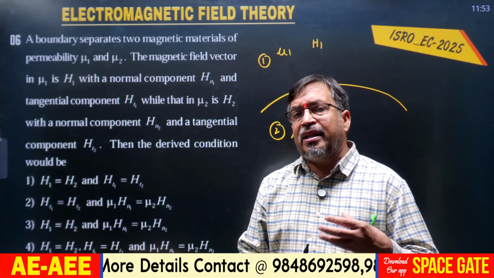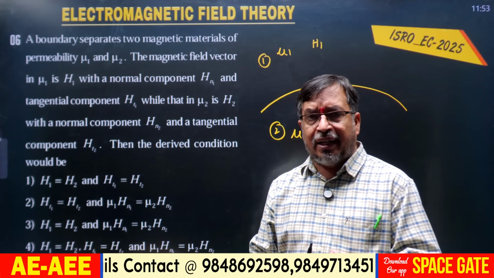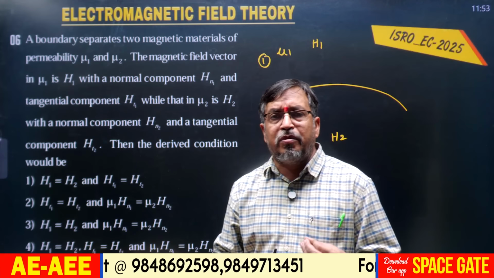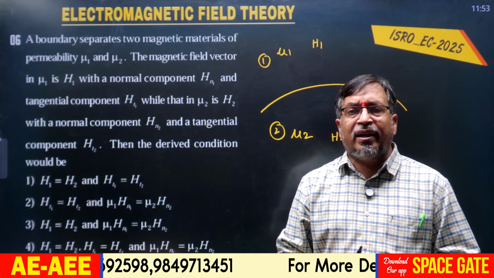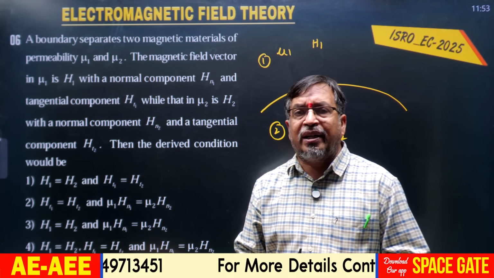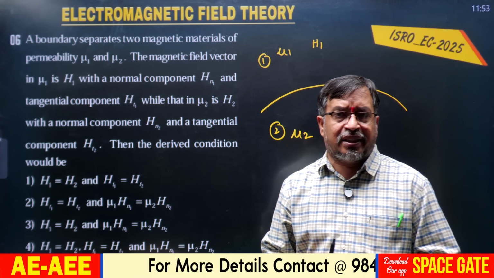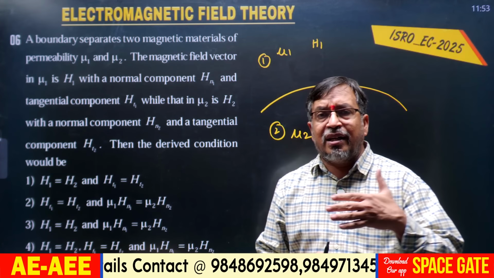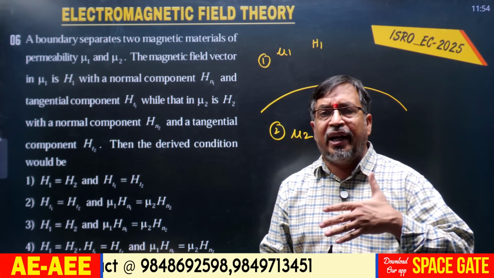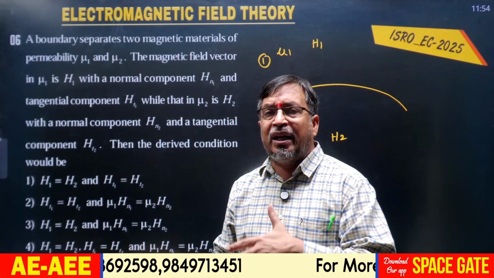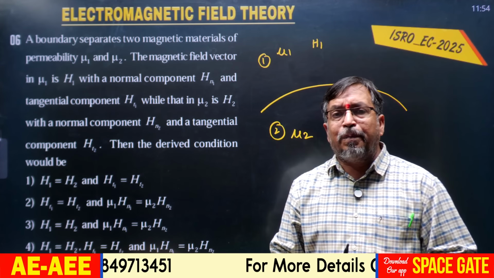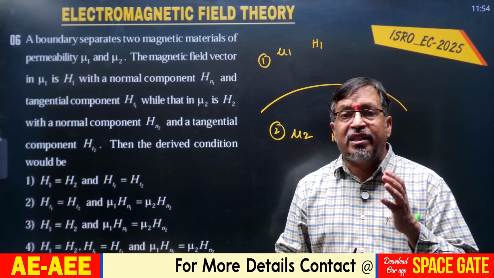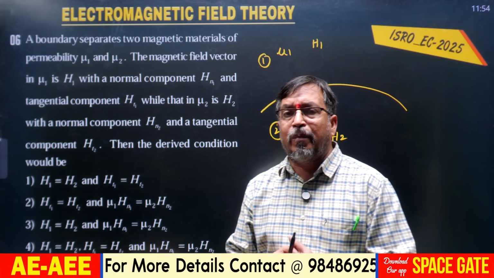According to the properties of vector decomposition, any vector can be decomposed into two components. One is a tangential component, another is the normal component. What is the meaning of tangential component here? A tangential component is a field component which is parallel to the boundary line, and the normal component is the field component which is perpendicular to the boundary line.